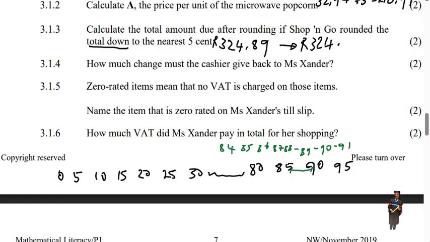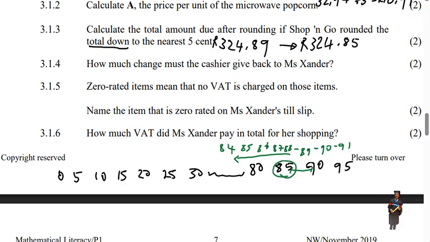So since we are rounding down, it means we go back to 85. Okay, it means this will be 324 rand 85 cents. We are rounding down to the nearest 5 cent.